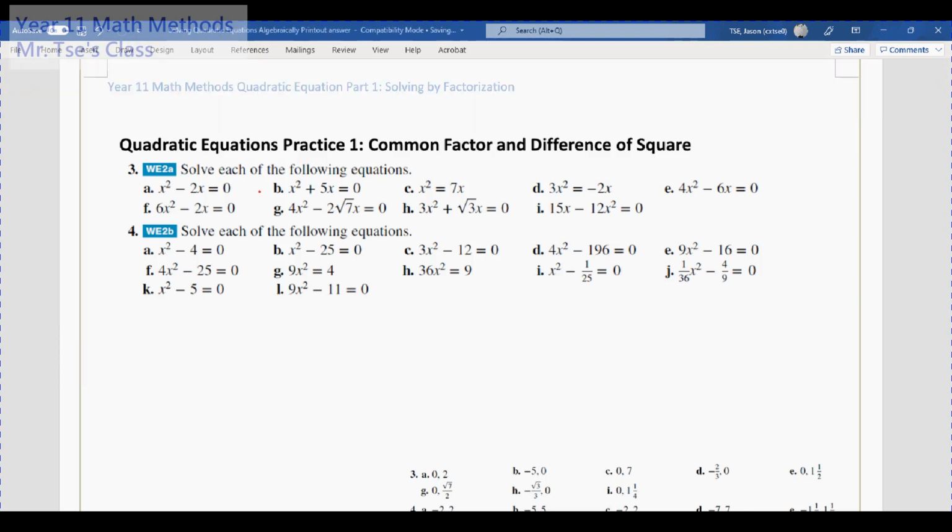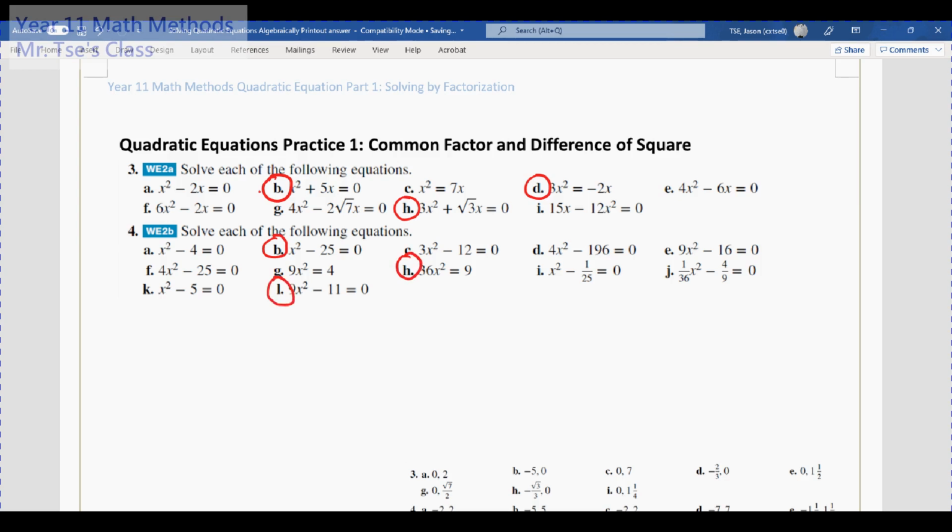So let's say I would like you to do a little bit on B, and D, and this one. For question 4, I think this one is good, and possibly that one, and possibly that one.